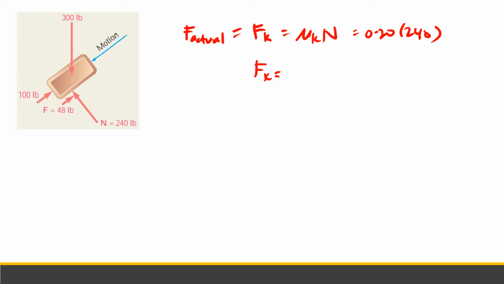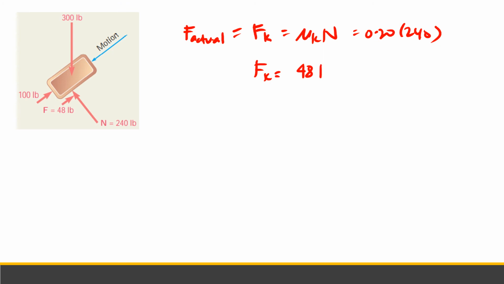So the actual friction in our problem, since the body is in motion, is the kinetic friction, which equals mu k times N. This is equal to 0.20 times 240 pounds, so Fk, the actual friction, is 48 pounds.